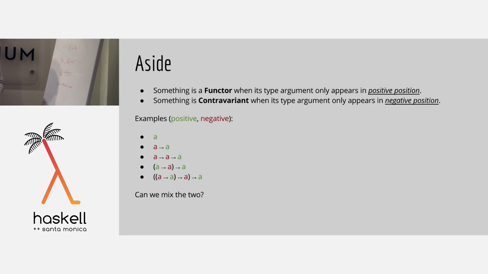I can't give a good argument, but, sorry, what were you saying? Oh, I said the reason why we have to distinguish positive and negative is because we use it for profunctors, right? So in this case, yes, we are going to use it for profunctors, but I'm just trying to give an intuition for what constitutes a functor versus a contravariant functor versus neither.